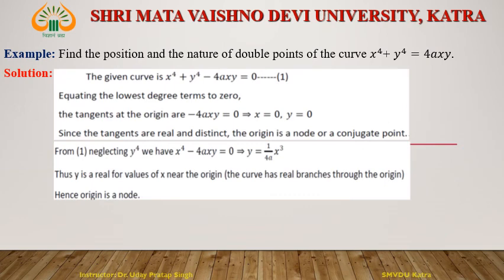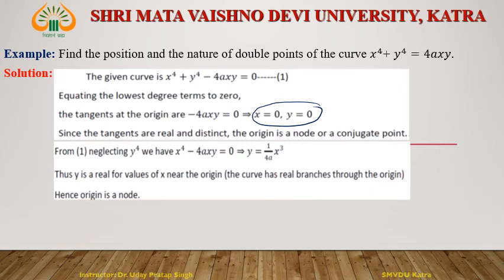Means this is the node. Next, x to the power 4 plus y to the power 4 minus 4axy is equal to 0. Again, same way. Here are the two tangents, x equal to 0, y equal to 0. Right? Then this is a node or conjugate point. Say, the same way, just like example 3.